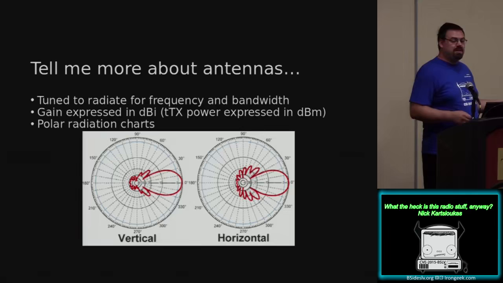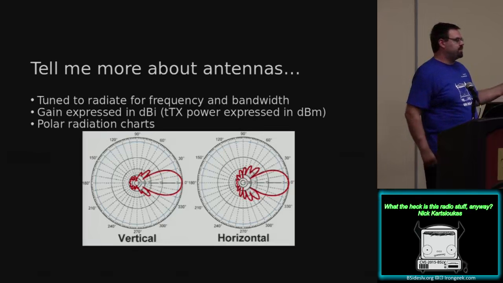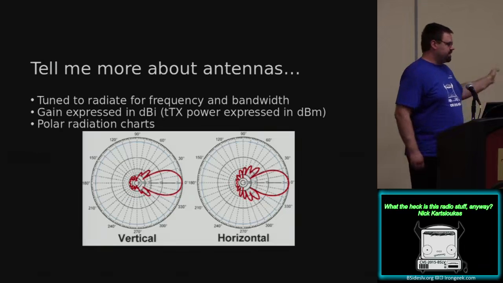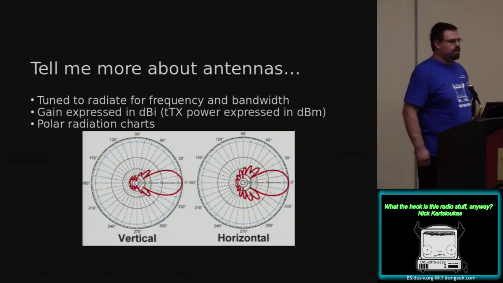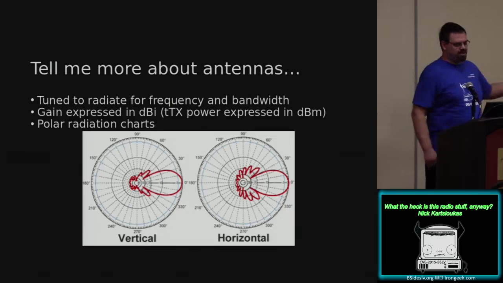Another measurement you might see in transmit power is dBm, which is decibels related to milliwatts. So 0 dBm is 1 milliwatt, and then goes up or down from there. You can actually have negative dBm numbers. That's just very, very low power, 0.1 milliwatts, hundredth of a milliwatt, etc.